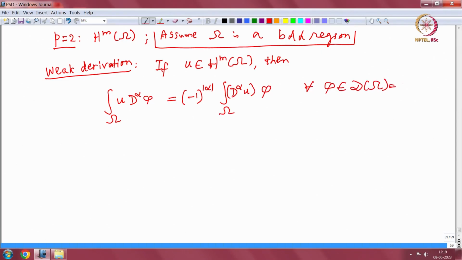That is, C∞ functions with compact support in Ω, and D^α u is in L²(Ω).